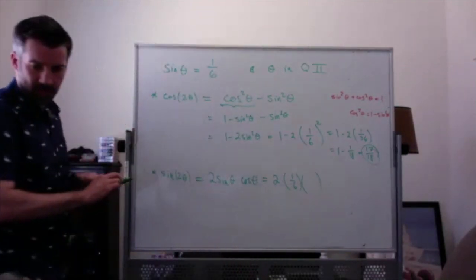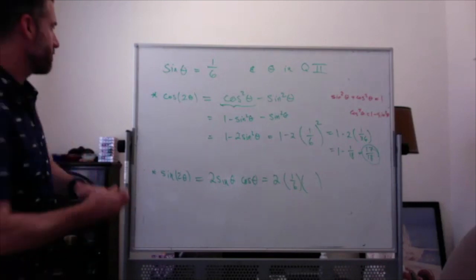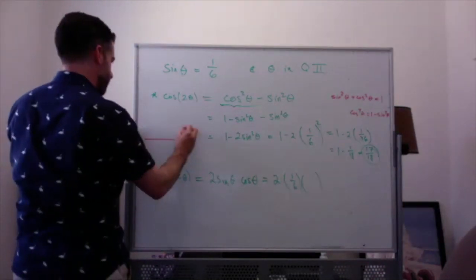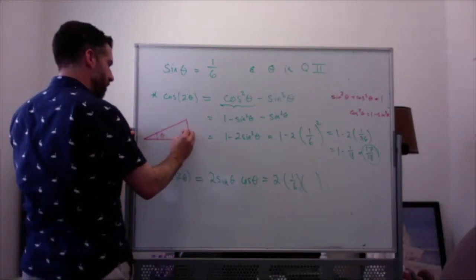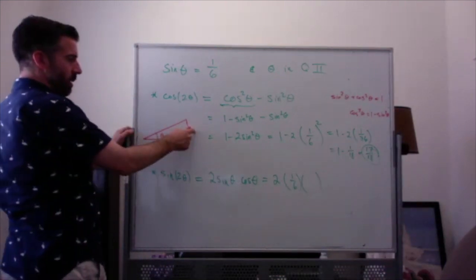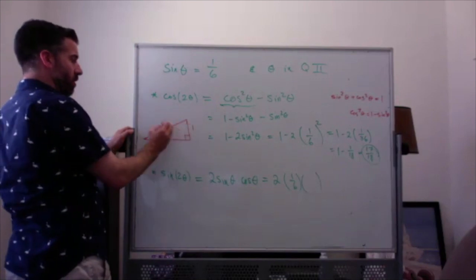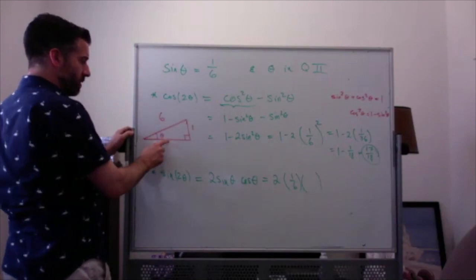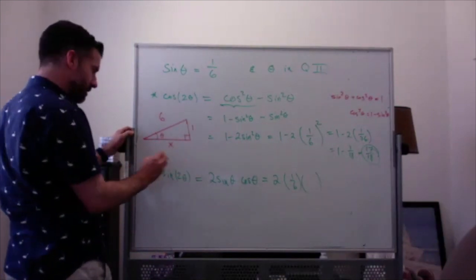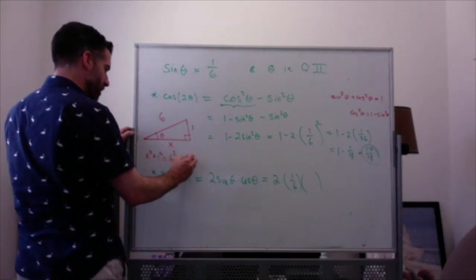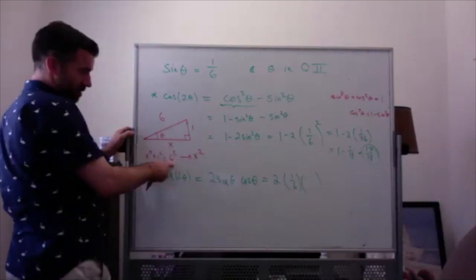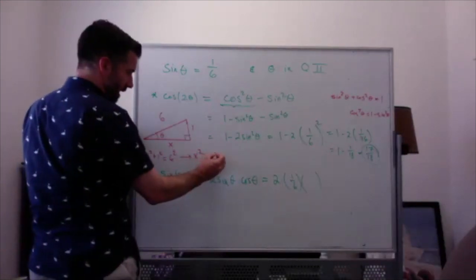I'm going to draw the triangle right here. There's my right triangle. And sine of theta is opposite over hypotenuse, so that's 1/6. And for the third side here, x squared plus 1 squared equals 6 squared. So x squared equals 36 minus 1, which is 35.